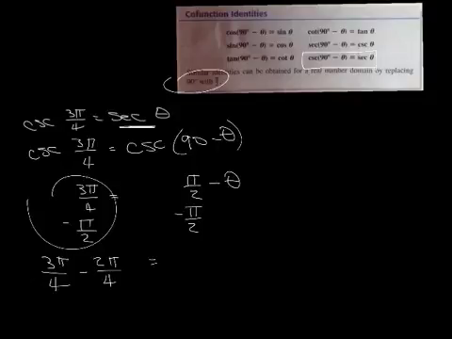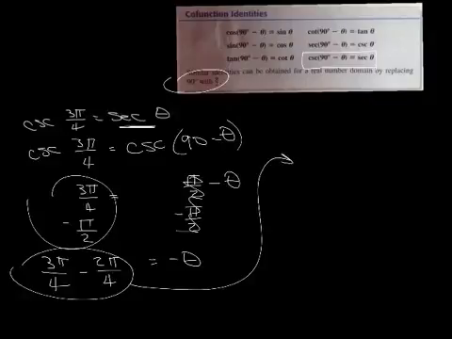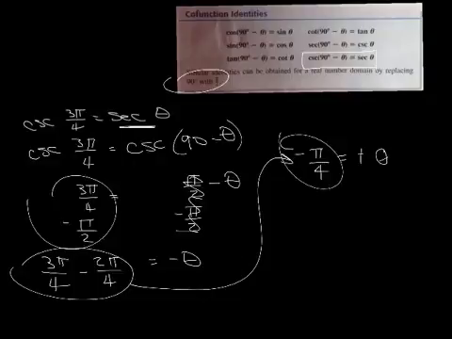I get that equals negative theta, because that went away. 3 pi minus 2 pi is 1 pi over 4 equals negative theta, and make that a positive and that a negative, and I get negative pi over 4. So that's the way to do it, very similar to the way we did examples A and B. I don't know why they did C differently, but you can look at that and see how they did that if you'd rather try that method.